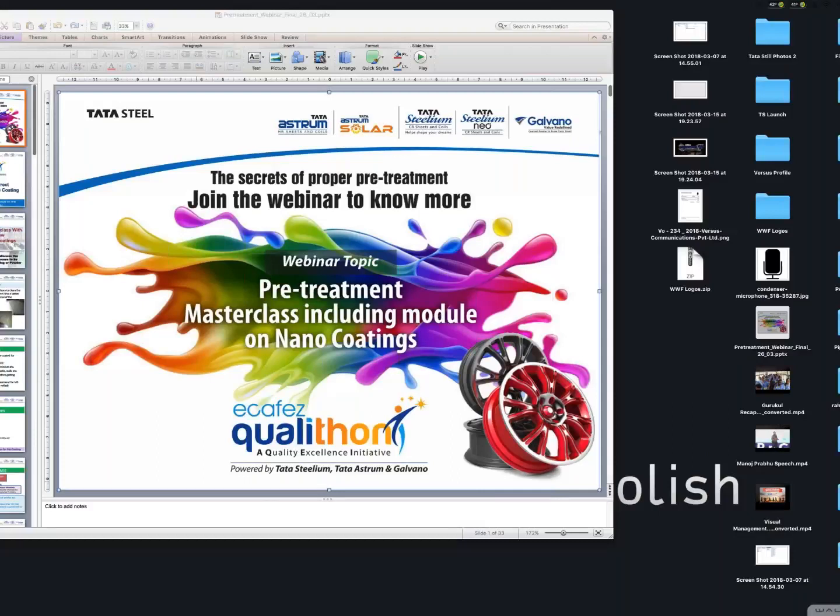The only problem is that people, especially in North India, are using mustard oil for deep draws as a lubricant, and that oil cannot be removed with any degreasing chemicals. Even if you do some solvent wipe before and then treat it for pre-treatment, it is still very difficult to remove that oil.